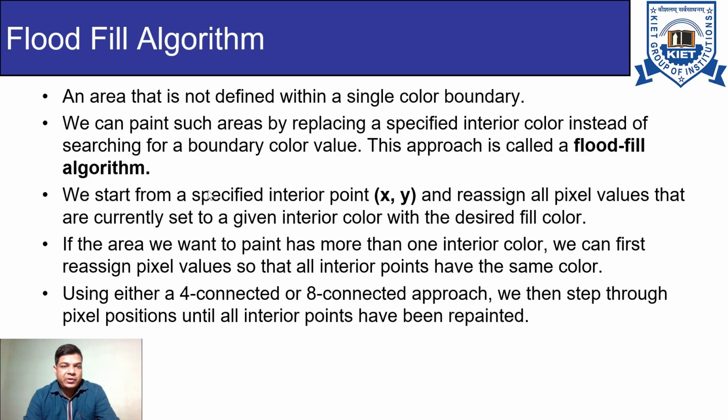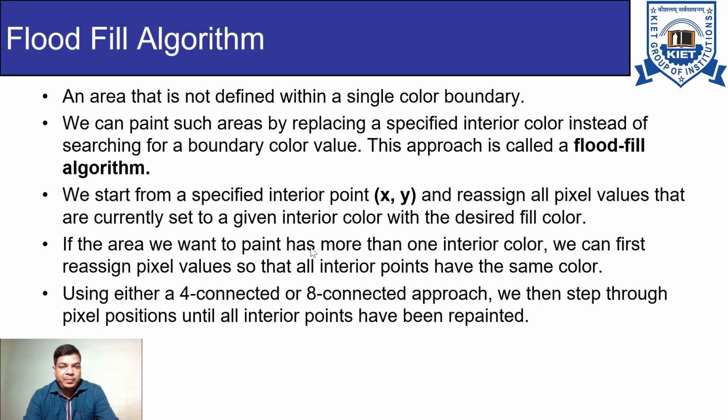The process of execution of this algorithm and the previous algorithm is the same. In this algorithm also we are choosing the interior point x, y. We start from a specified interior point x, y and reassign all pixel values that are currently set to a given interior color with the desired fill color.